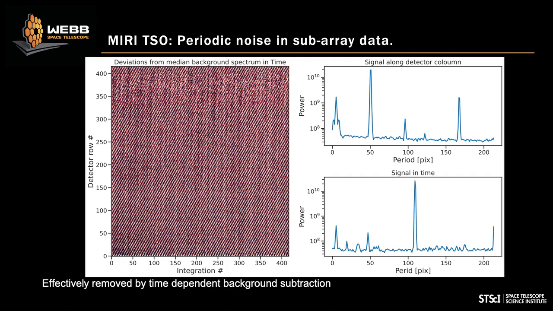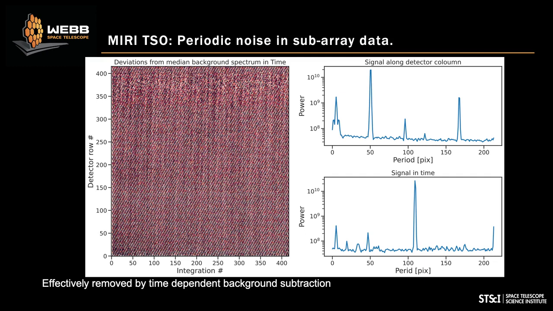In wavelength, you get a 9-pixel wave which moves through your data. But it can be very efficiently removed if you determine your background per integration and then subtract that background per integration, and then all of this will be gone. So that's an important thing to do: a per-integration background subtraction.